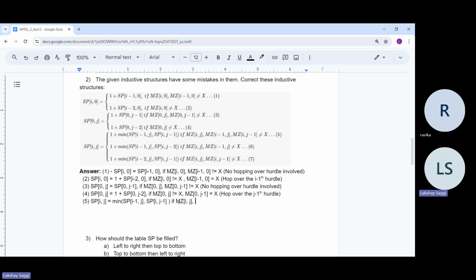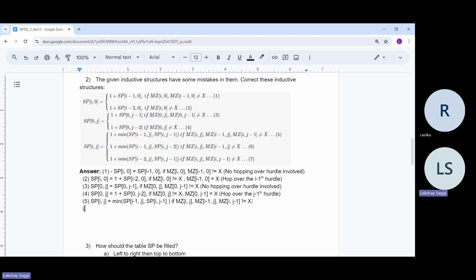i comma j, i minus 1 comma j, and i comma j minus 1, if all of these don't have a cross, then we can set it to something like this. Now, similarly, if some of these have a cross and some don't, then we need to obtain this.